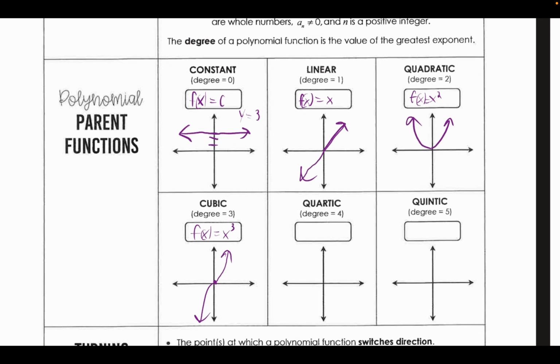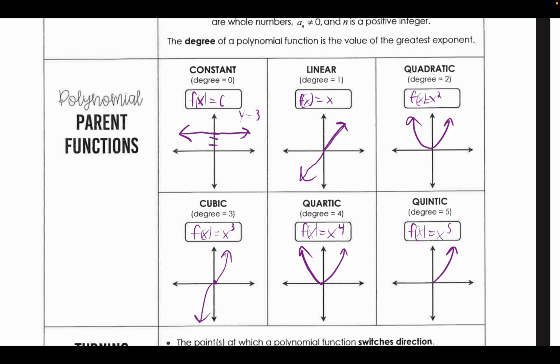Quartic has a degree of 4, and this is f of x equals x to the 4th. And you'll notice the parent function actually looks identical to the parent function for the quadratic, but not all quartic functions look identical to quadratics.